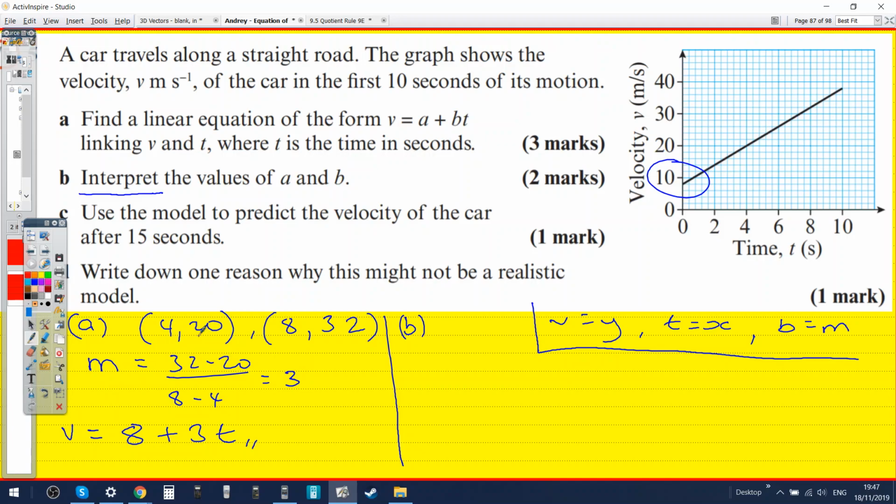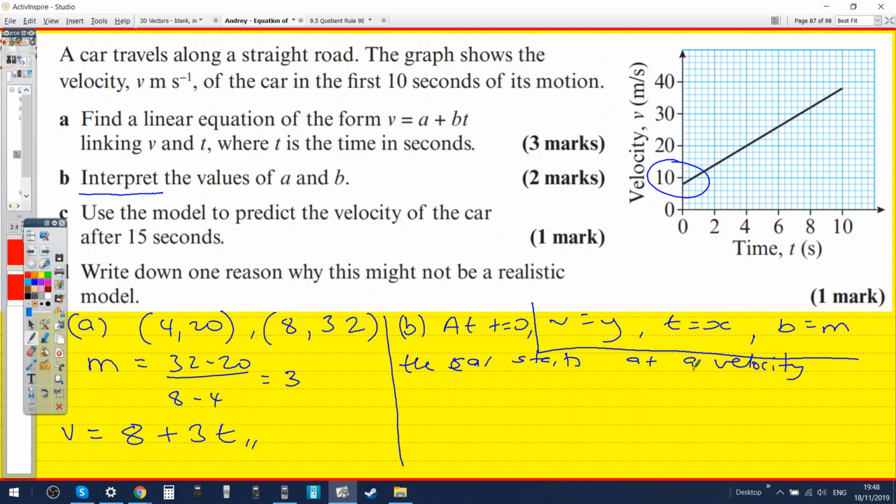Yes. And what is that velocity? 8. Yes. And so, like at time equals 0, or basically the starting velocity. Yep. So the car starts at a velocity of 8 meters per second.